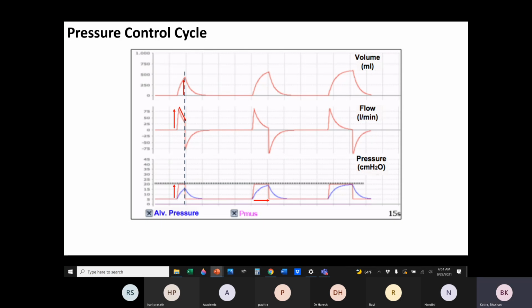Now, what will happen if you keep prolonging the I time without changing the peak inspiratory pressure? As you increase the I time, the inspiratory pressure stays for a longer period, as a result of which the flow which got abruptly stopped here will continue to go inside.